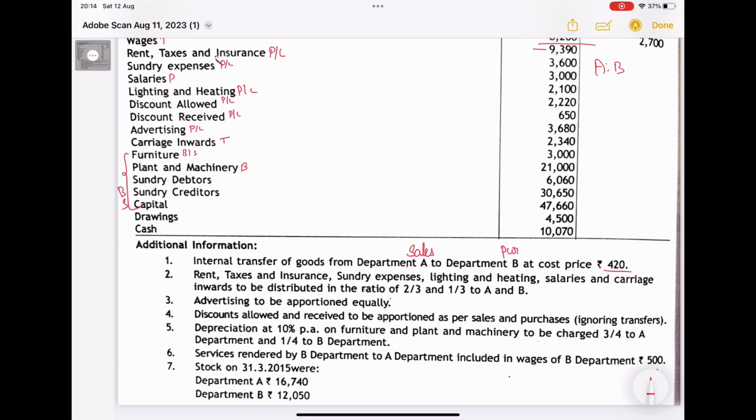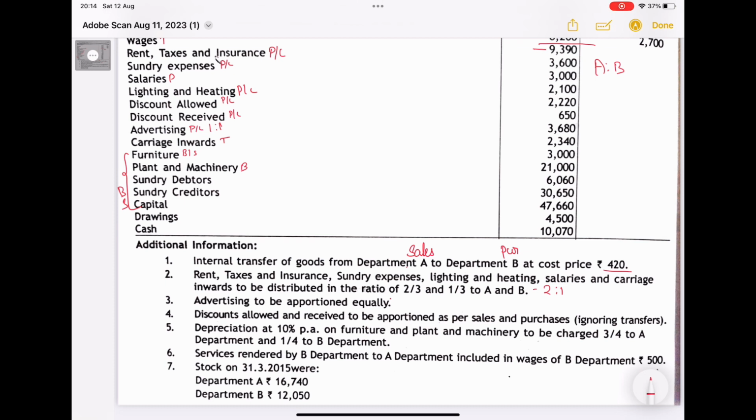Next, rent, taxes and insurance, sundry expenses, lighting and heating, salaries, carriage inward are to be distributed in the ratio of 2/3 and 1/3, nothing but in the ratio of 2:1. Next, advertising is apportioned in the ratio of 1:1, equally.